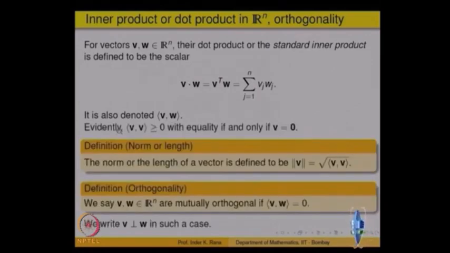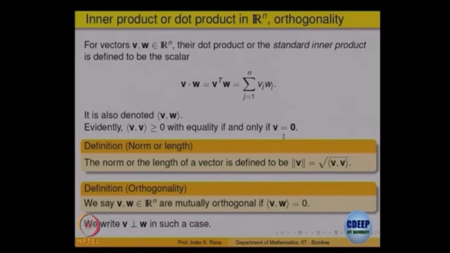An obvious property is that the inner product of v with itself is always non negative, and it is 0 when the sum of squares of the vi is equal to 0, which means each vi must be equal to 0. So, it is 0 if and only if the vector v is 0.